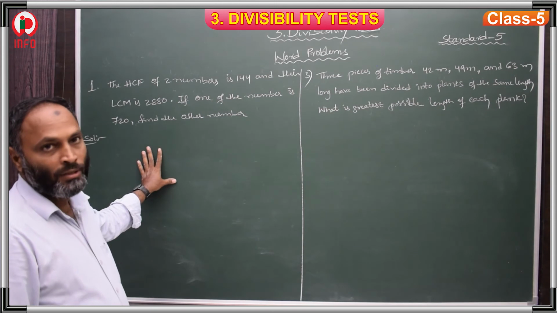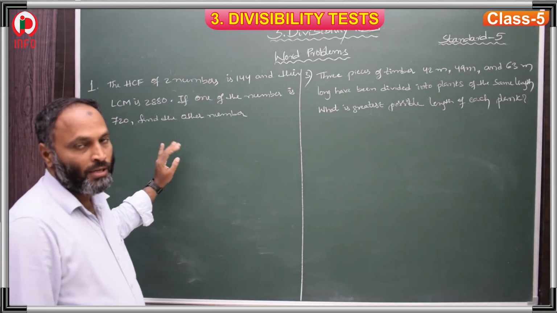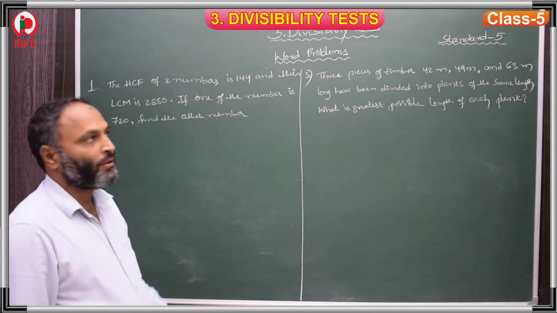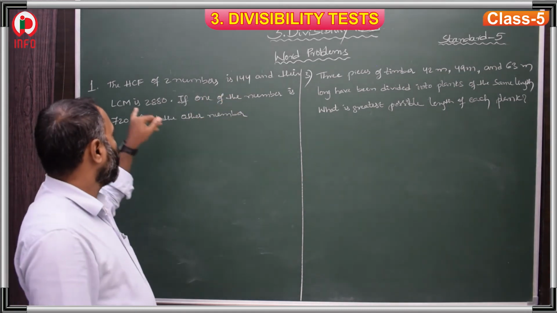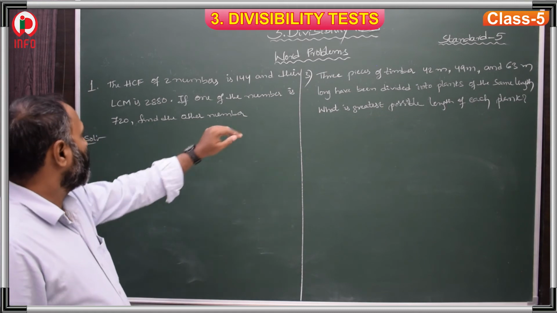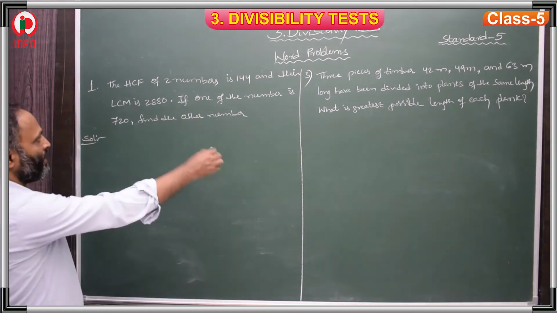Now word problems. In word problems, first we have to read the question, then understand the question, then see what is given, and then do the procedure. The HCF of two numbers is 144 and their LCM is 2880. One of the numbers is 720. Find the other number. What is given first?